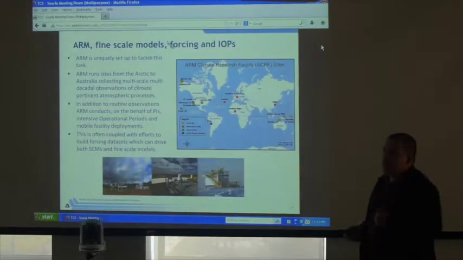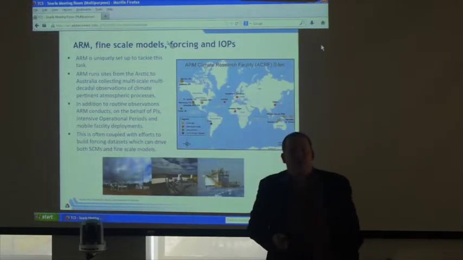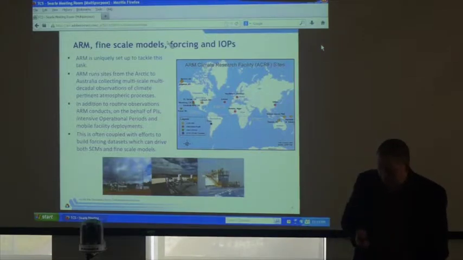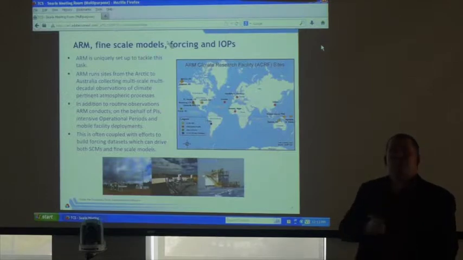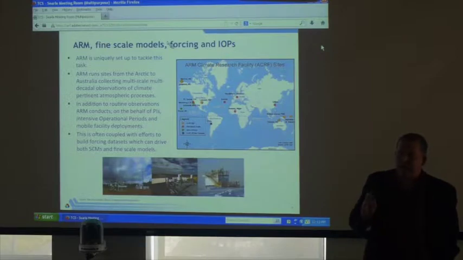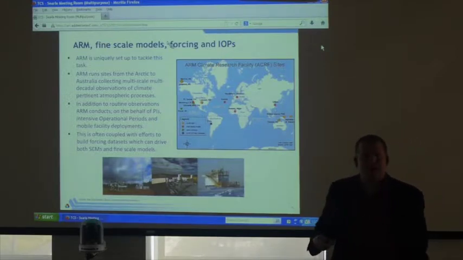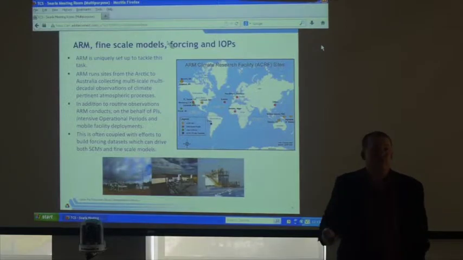So, as I mentioned before, I work for the Atmospheric Radiation Measurement Climate Research Facility. It is a mouthful and has a lot of historic implications. It was first convened by the Department of Energy to understand radiative transfer in the atmosphere.